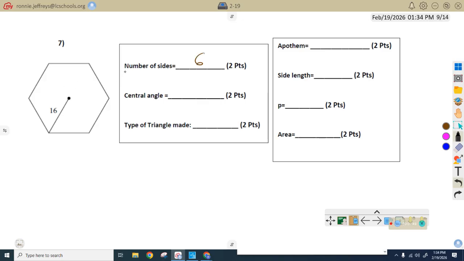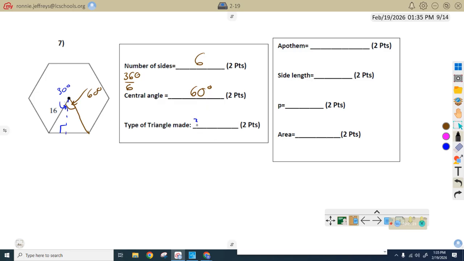Alright, to find our central angle, we would take 360 and divide that. Our central angle is what we're talking about right here. Okay, this would be 60 degrees. Alright, that is 60 degrees. Now, because we need to find our apothem, okay, now this was 60, it's half of this, this is 30, so we use a 45, 45, 90 triangle, right?